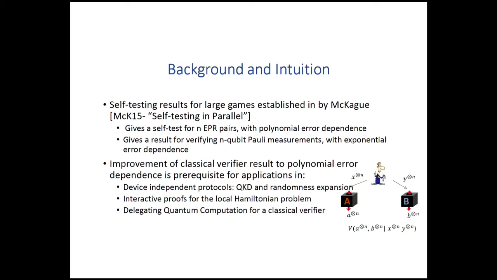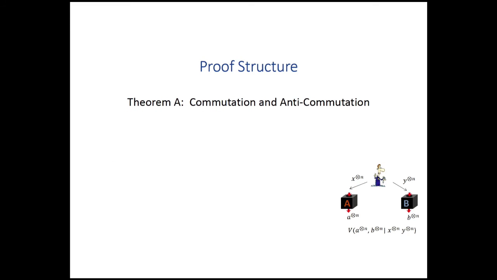I don't have much time to go over the proof, but I think I might have time to give you the most significant bit of how the proof works. That's the division of the proof into two different theorems.